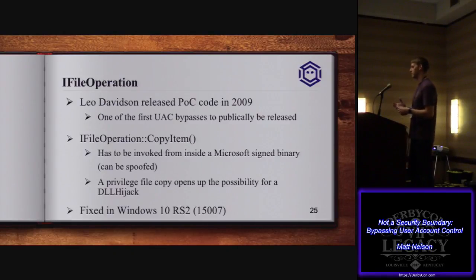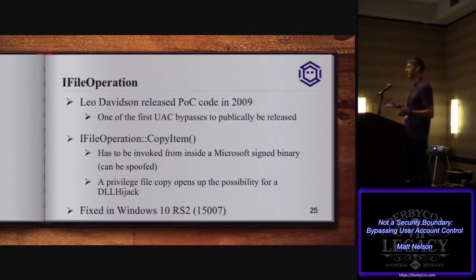So, the way that this works is that IFileOperation is a COM component that has a method called CopyItem. What that does is it allows you to copy an item from one location to another. Straightforward, right? The caveat to this is that technically, in order to invoke this specific object and then call that method, you have to be running inside a Microsoft-signed, certain whitelisted binary.